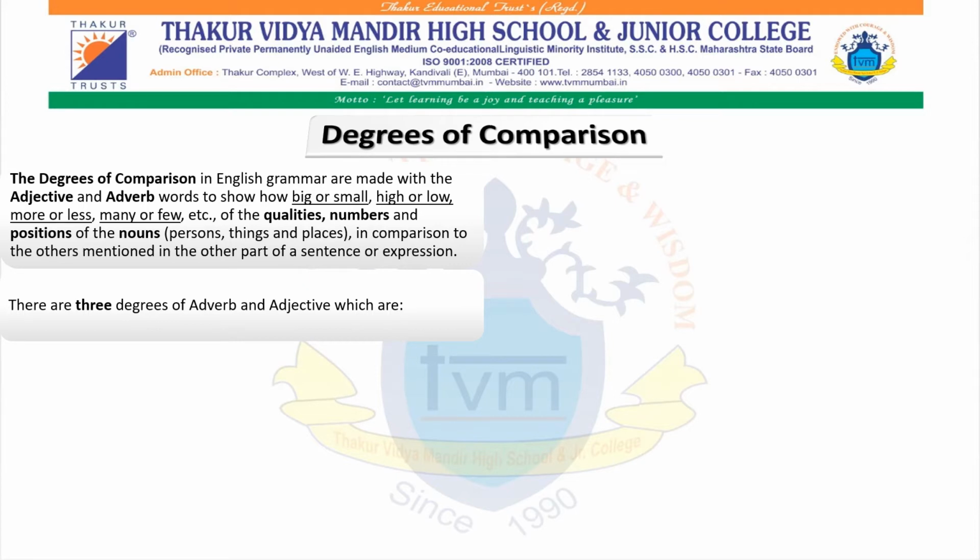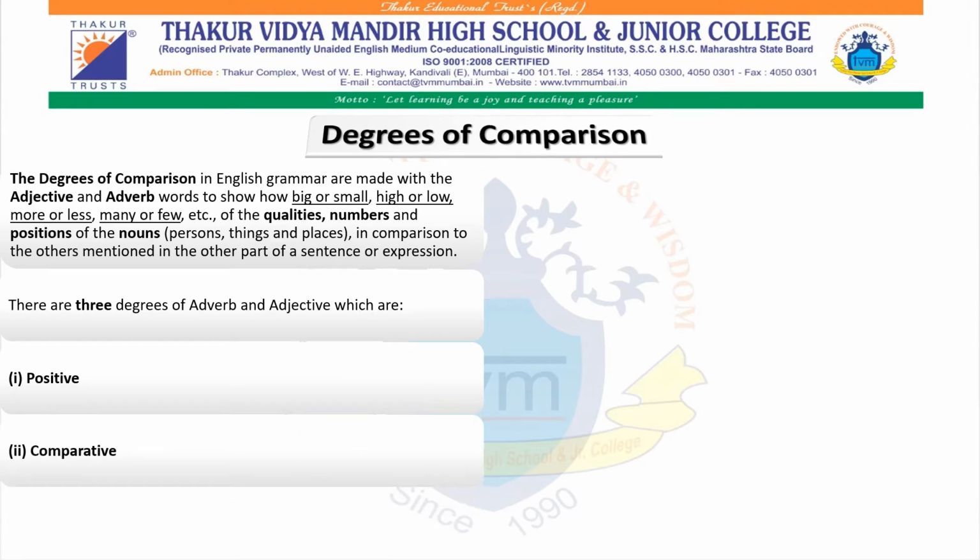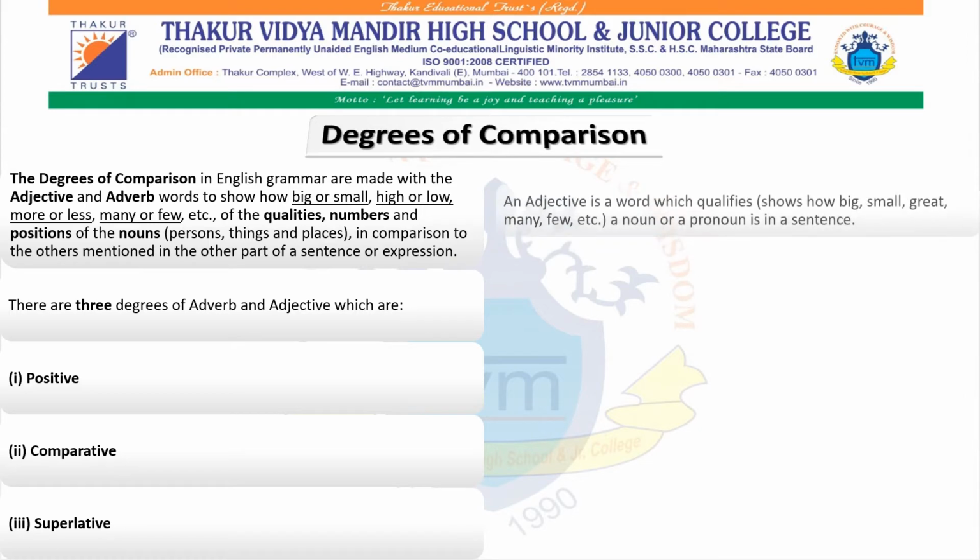There are three degrees of adverb and adjective, which are first, positive, second, comparative, and third, superlative.